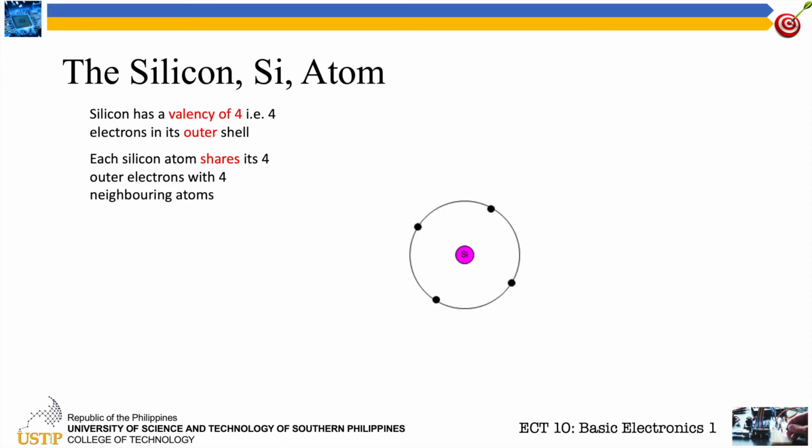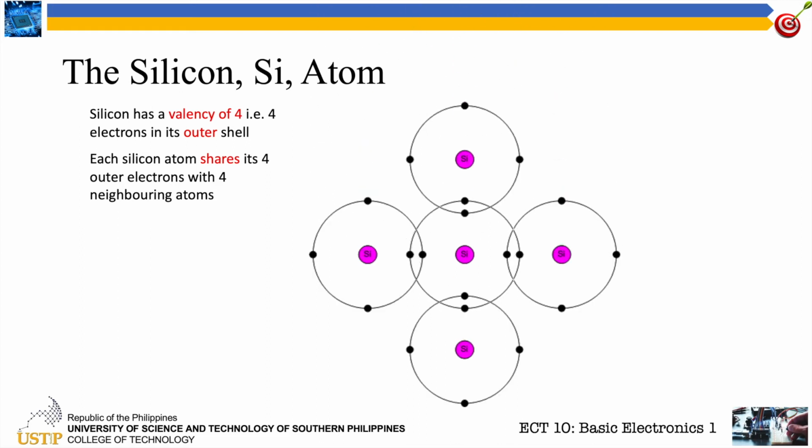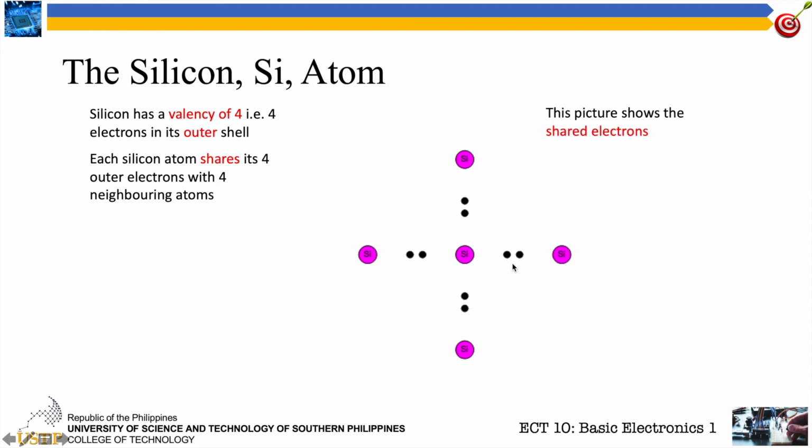Since we have many atoms in one silicon material, each has 2, 2, 2, and 2 neighbors. So you have this picture of shared electrons from the neighboring silicon atoms.